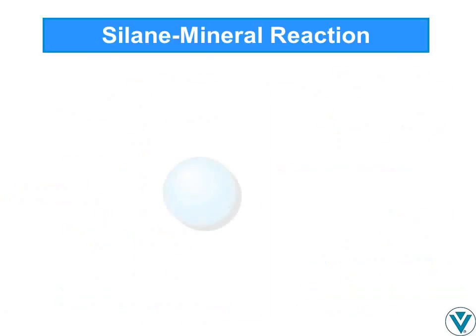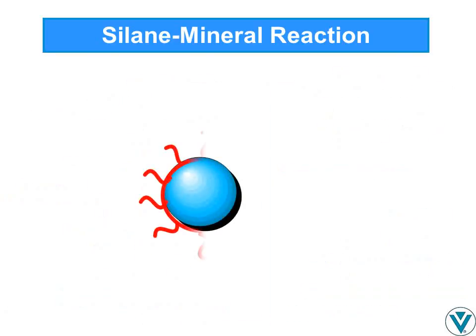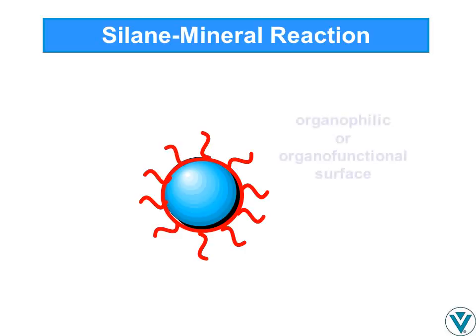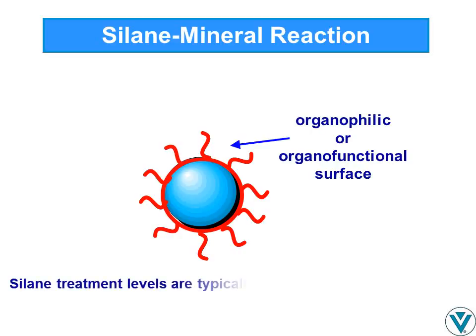The reaction of hydrolyzed silane with mineral surface silanol can ultimately result in the condensation of siloxane polymer, encapsulating the mineral particle if sufficient silane is used. Once the mineral is reacted with the silane, it exposes an organophilic or organofunctional surface for interaction with the binder matrix. Silane treatment levels are typically 0.5 to 1% on mineral weight.